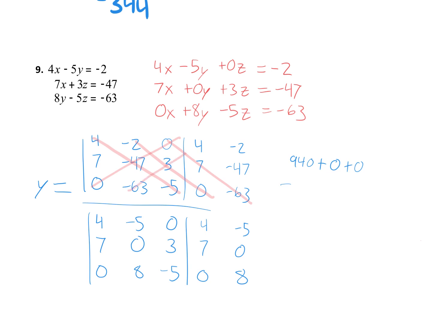All right, so the first one was 0. And then negative 63 times 12 is negative 756. Remember, we subtract these 3. And then minus again, negative 5 times 7 times negative 2 is 70.